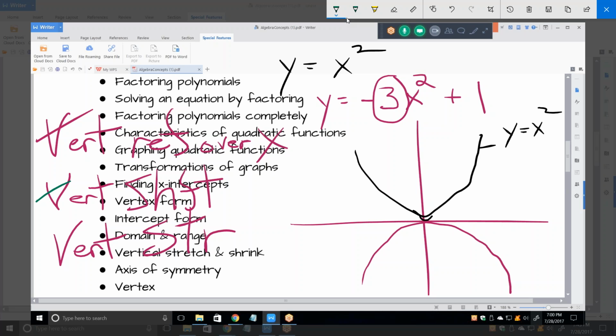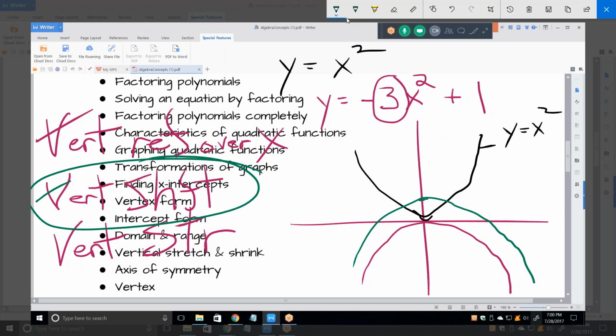I want to concentrate totally on the vertical transformations, and then we'll get to the 3 horizontal transformations. So the vertical shift of +1 merely takes this red parabola and moves it up 1. So its vertex is right there. That's the reflection and the shift.